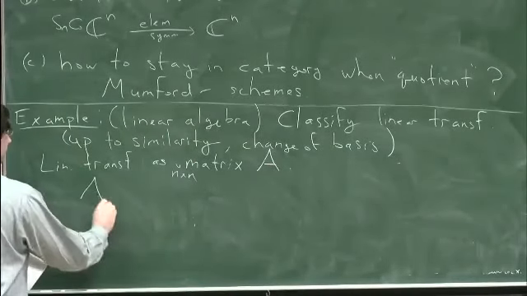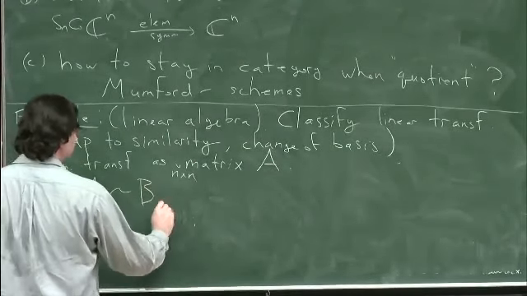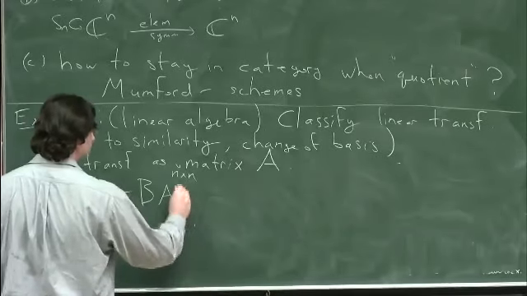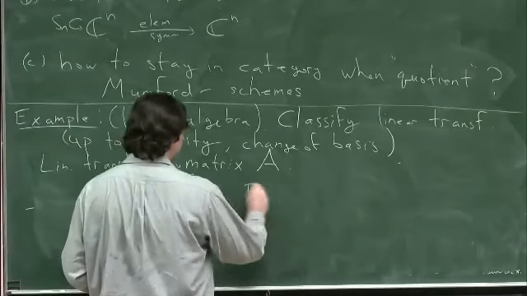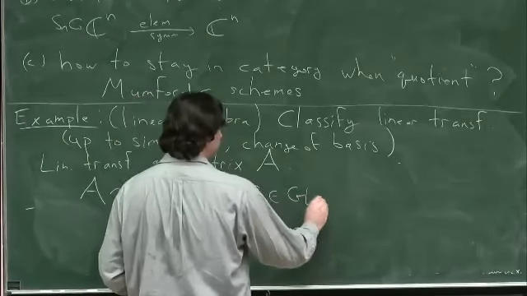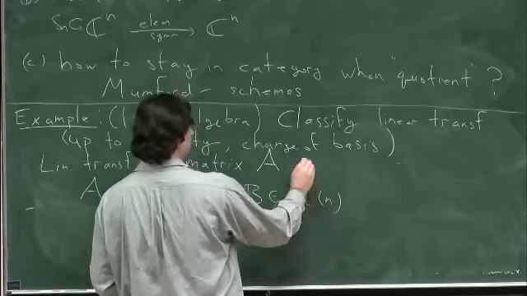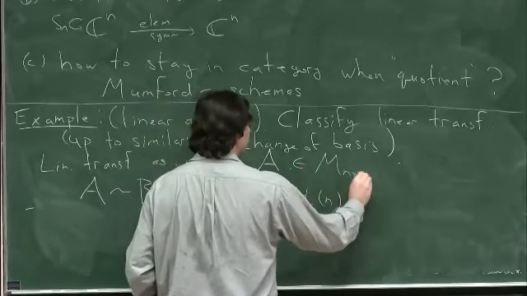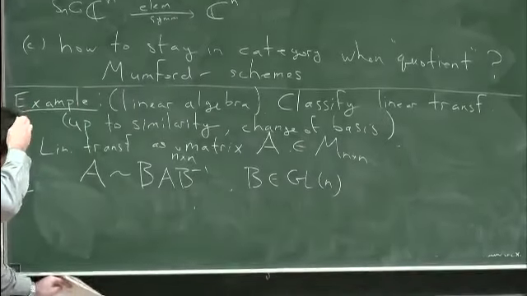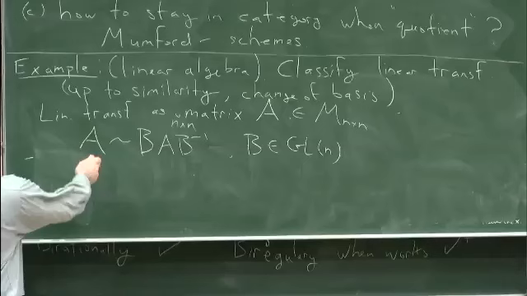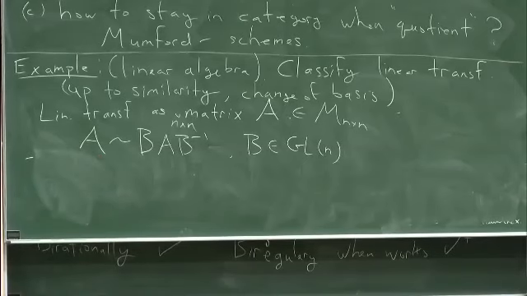And similarity is just saying that A is equivalent to B A B inverse, where B is some invertible matrix, and A is going to be in our n by n matrices. All right, so here we've now gone from our classification problem, reformulated using the notion of picking coordinates and then worrying about change of coordinates, to a group action question. And we want to look now at this point. Consider the orbit space and reasonable notions of quotient.